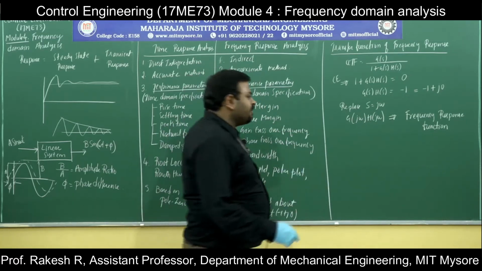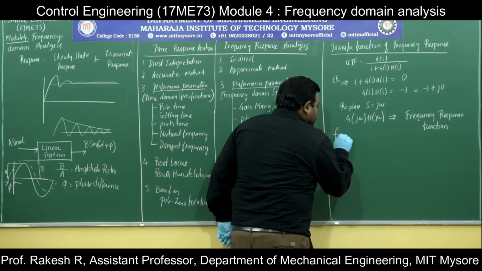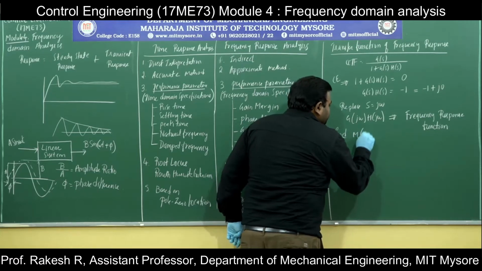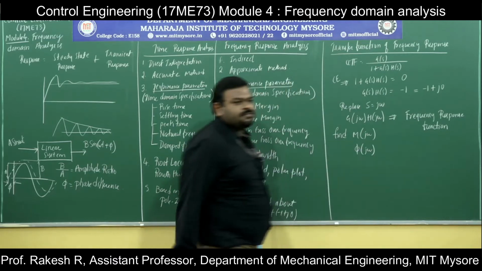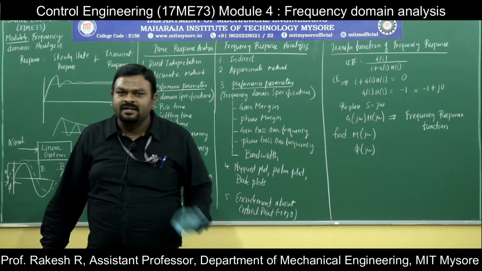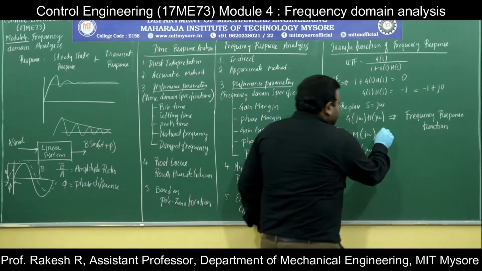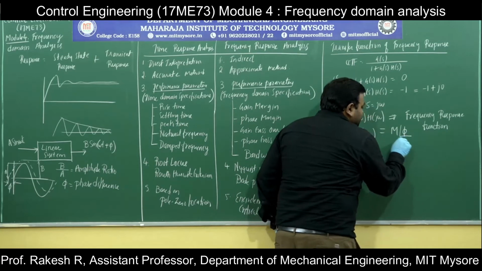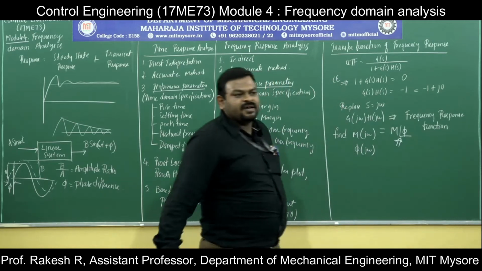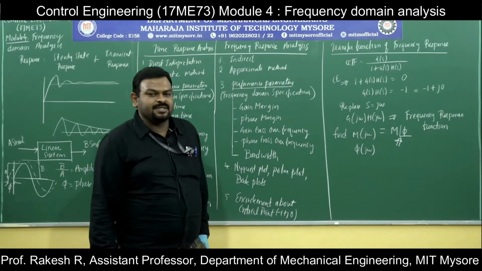After this, find what is the magnitude and what is the phase angle. The transfer function will be in terms of magnitude and phase angle. This will be the transfer function for the frequency response analysis.